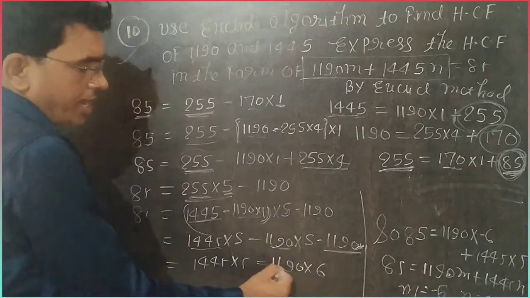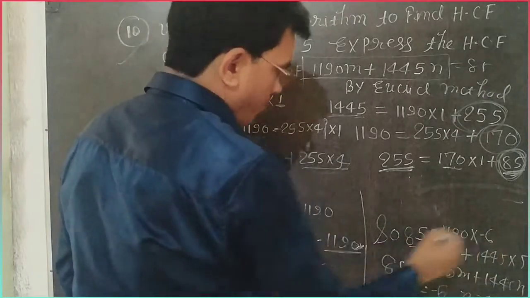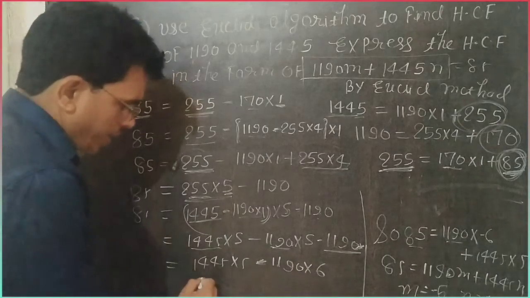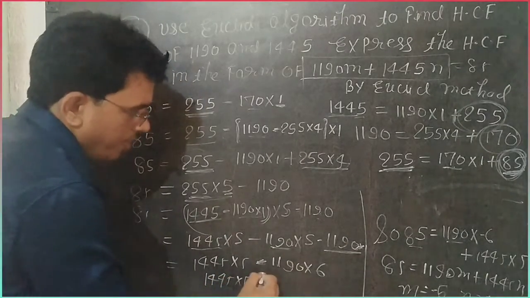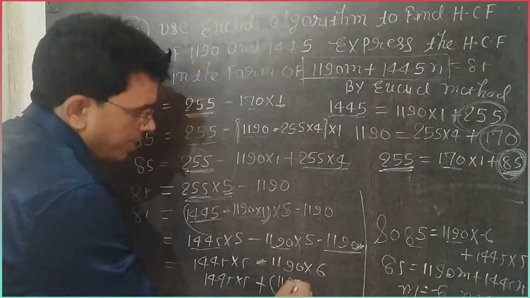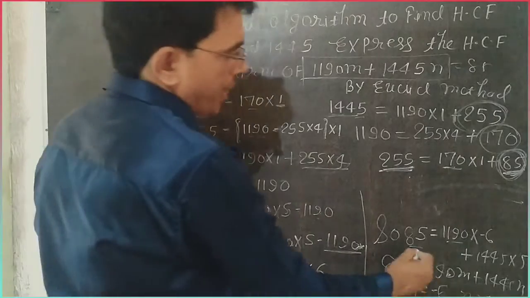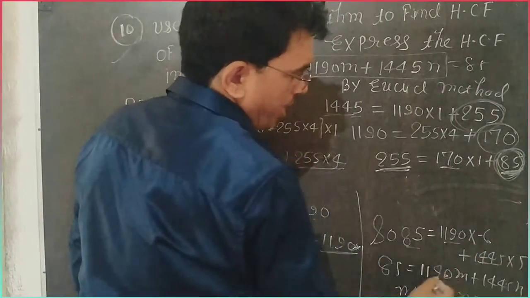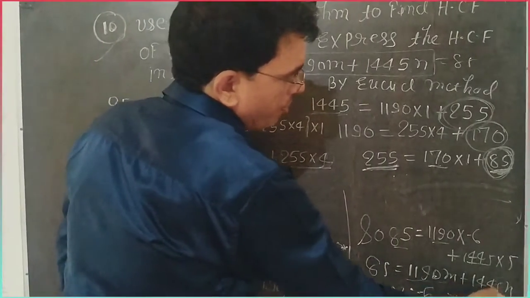So 1190 into 6. Now 85 is equal to 1190 into minus 6, because here is minus. You can also write 1445 into 5 plus 1190 into minus 6. Then arrange it. Now we write 1190 into minus 6 plus 1445 into 5. And your question is 1190m plus 1445n.